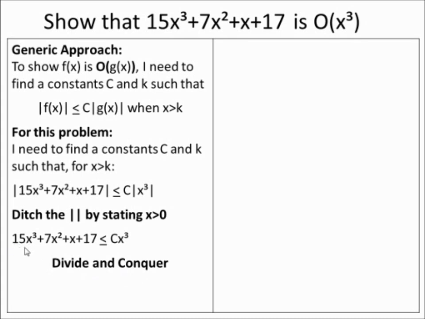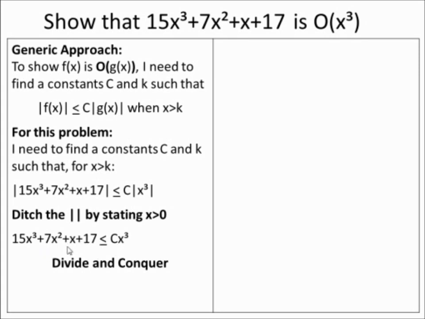Notice that my polynomial has 4 terms. I have 15x cubed, I have 7x squared, I have x, and I have 17. What I'm going to do is show that 15x cubed, this single term by itself, is less than or equal to some multiple of x cubed. Then I'm going to show that 7x squared, this term by itself, is less than or equal to some multiple of x cubed.